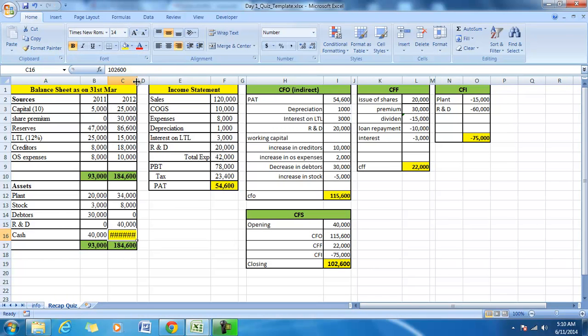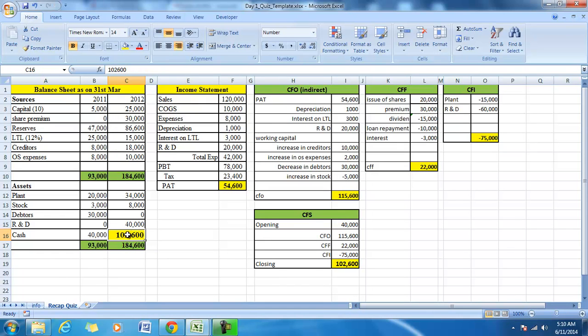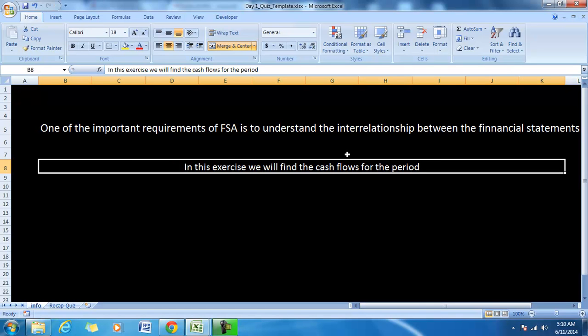So if the information about the balance sheet and income statement is given, even if the cash flow information is not there, it is possible to derive the cash flow statement because of the interrelationship between these financial statements. And one needs to understand this interrelationship as a prelude to undertaking a detailed analysis of the financial statements. Thank you very much.